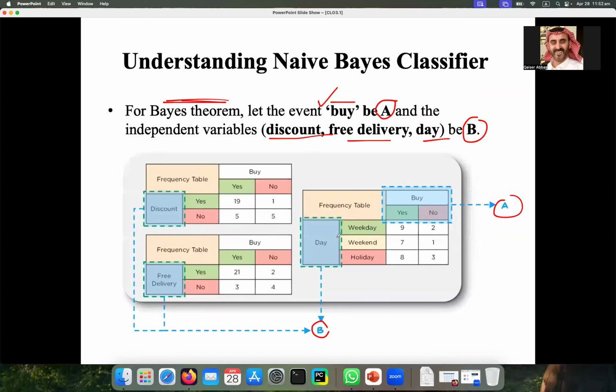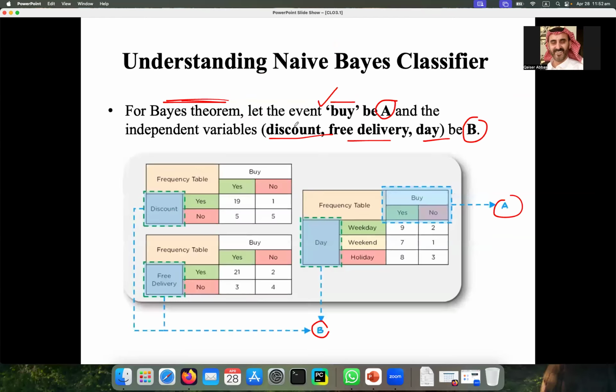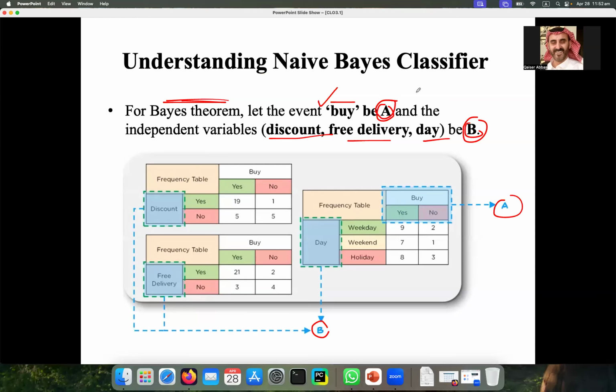So now, after making this A and B, we are ready to calculate the likelihood, which means the probability, not conditional probability, only probability. We are going to calculate the likelihood for the day. Day is one frequency table here.